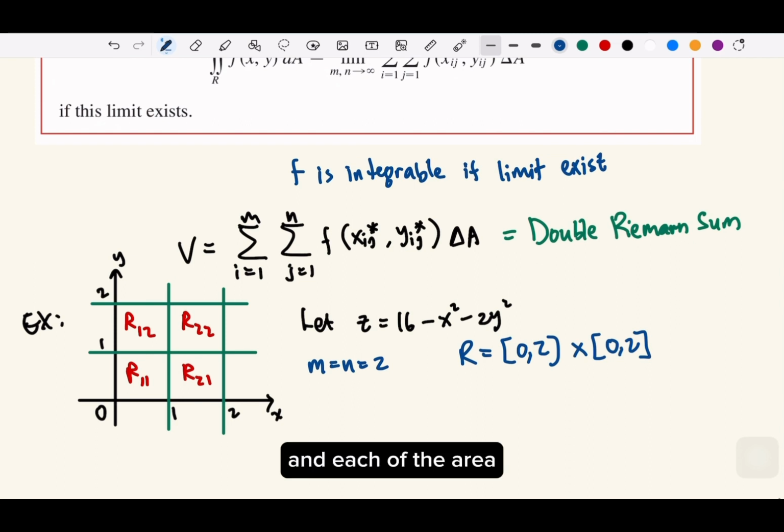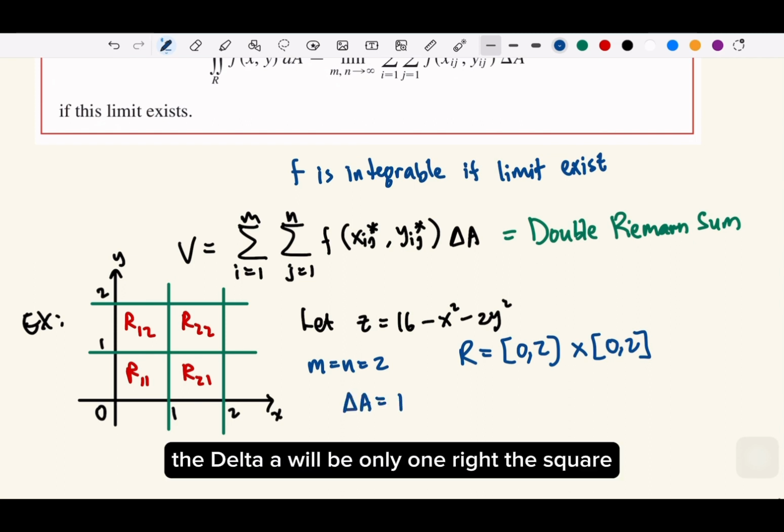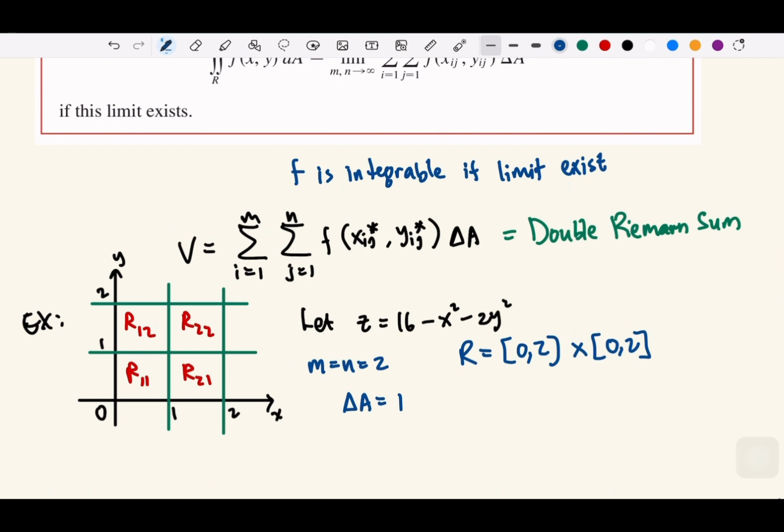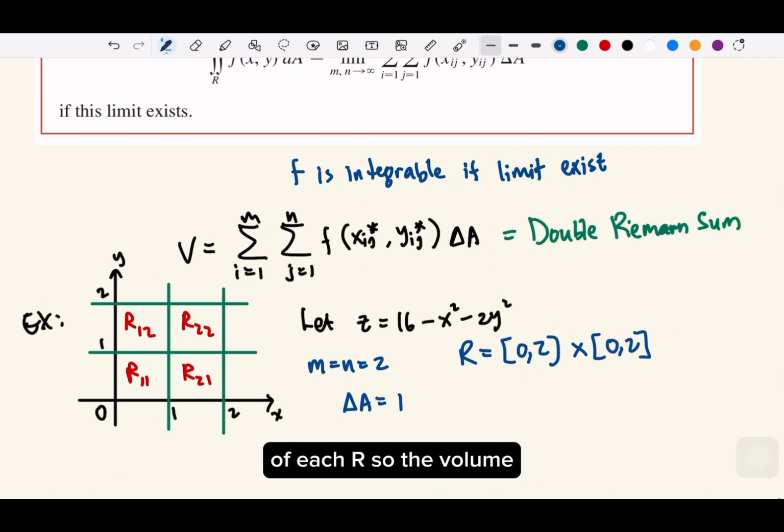And each of the areas, so delta A, will be only 1, the square of each r.